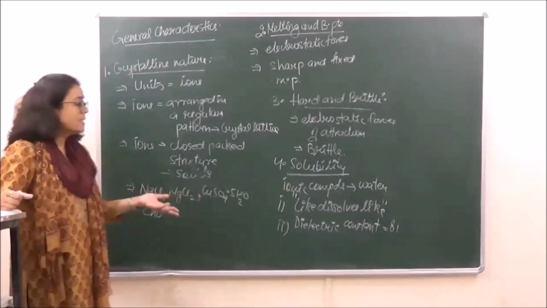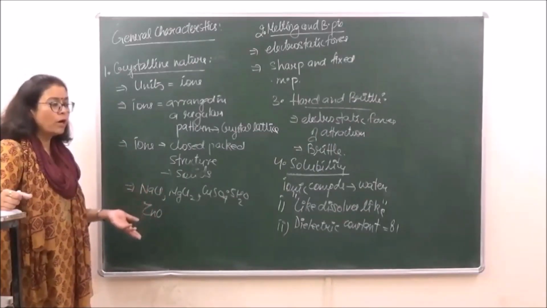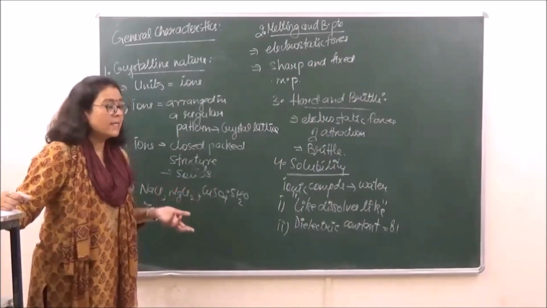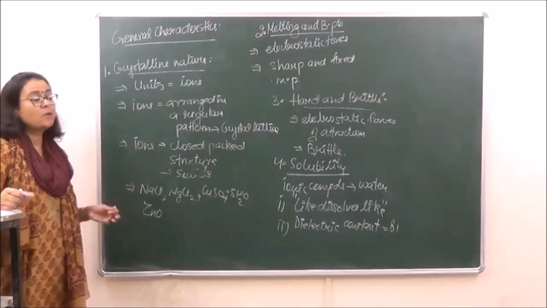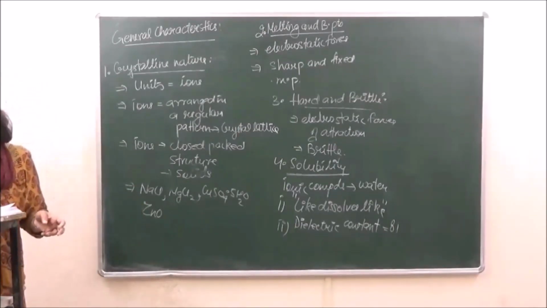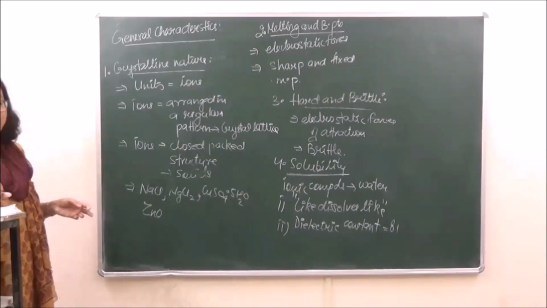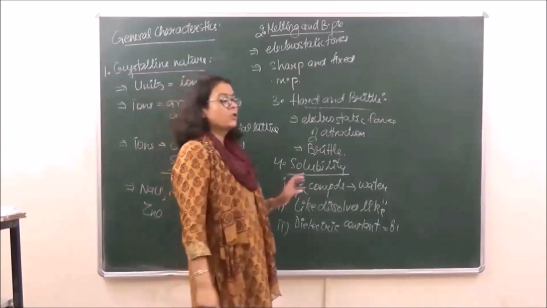Others have low values, like organic solvents such as benzene, alcohol, carbon tetrachloride and ether. They all have low dielectric constants, so they are unable to dissolve ionic compounds. Is it clear?